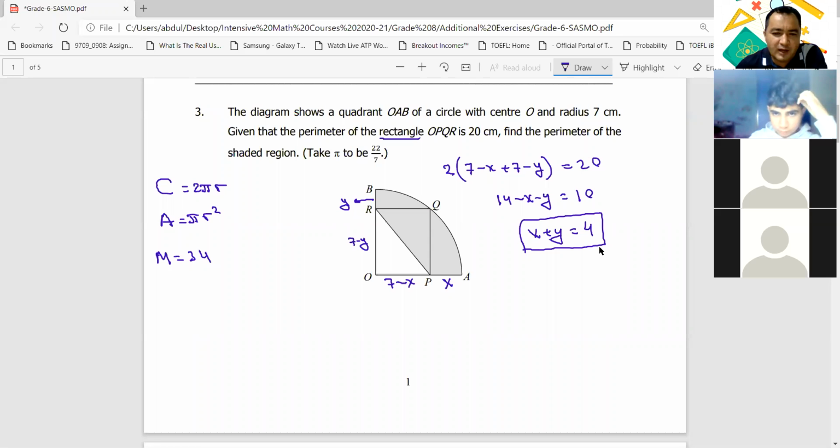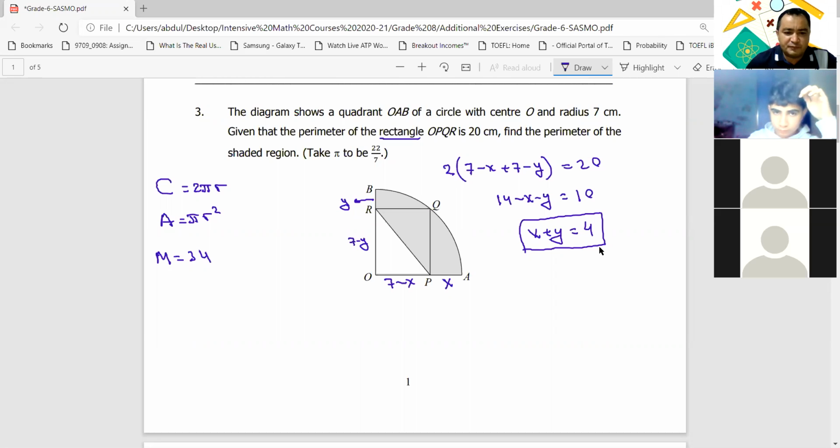Okay, guys, now you understand the question, right? Define the perimeter of the shaded region. The shaded region is bounded by RB, the arc BQA, the line segment AP and PR, right?